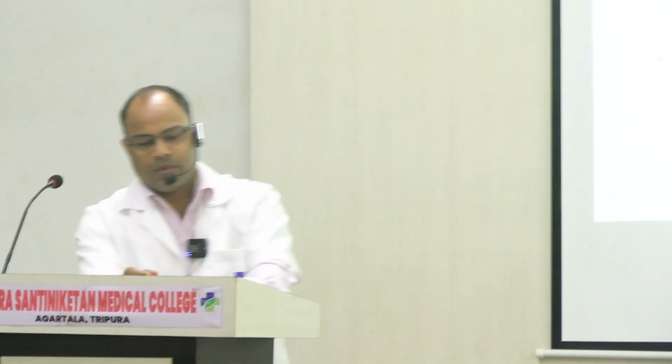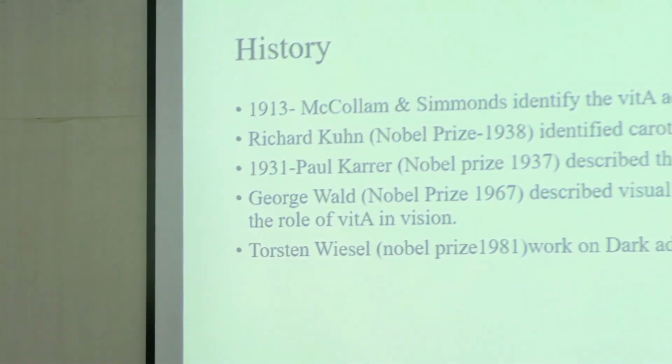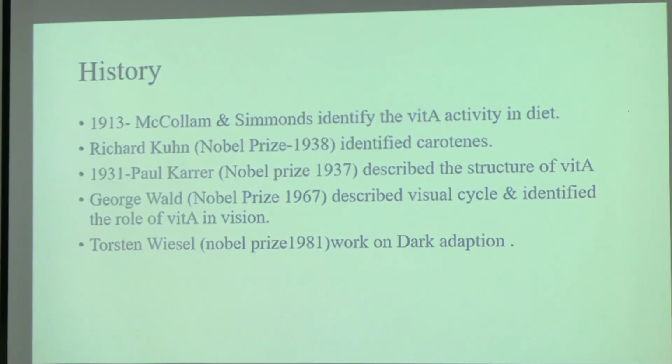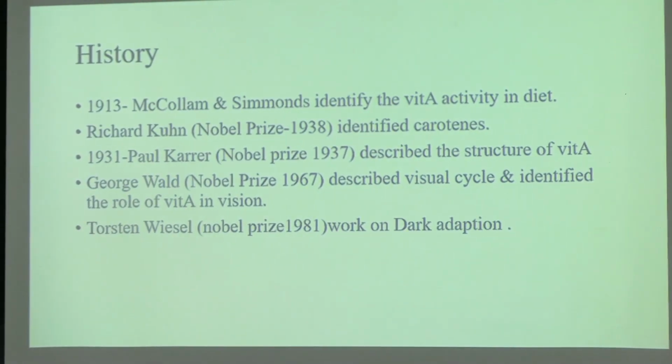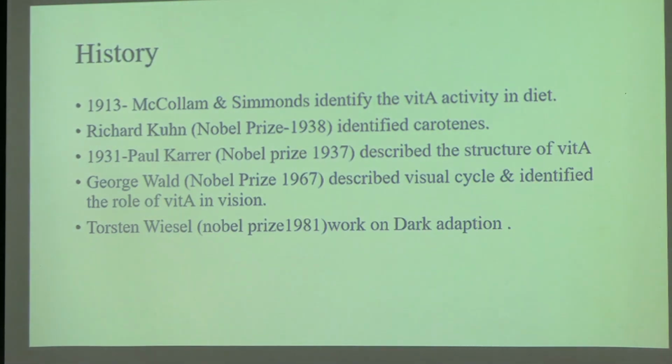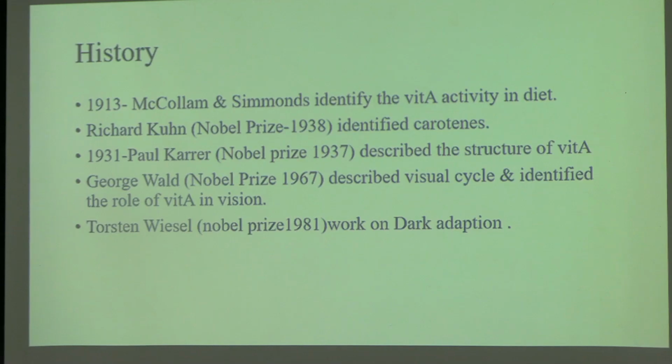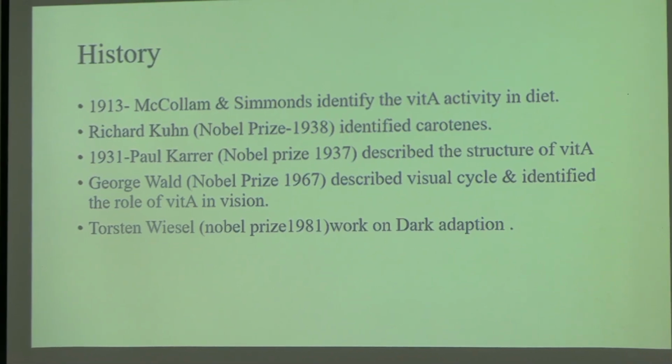So let's start our discussion from history. In 1913, McCollum and Simmonds identified the vitamin A activity in diet, and Richard Kuhn identified carotenes. He was awarded the Nobel Prize in 1938. In 1931, Paul Karrer described the structure of vitamin A. That is why he was awarded the Nobel Prize in 1937.